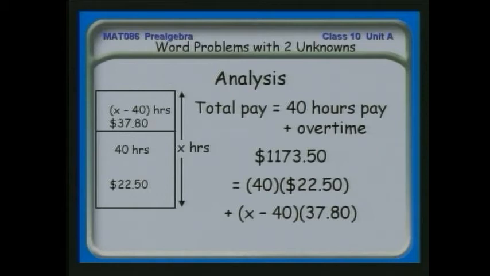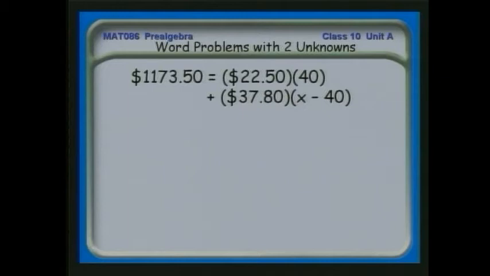It looks pretty complicated, but again, we can do this little by little. There's the equation, so now we need to simplify, multiply things together, and here you have to be careful because you see we have the 37.80 times the quantity x minus 40. And we have to remember that when you have a situation like this, you need to multiply the 37.80 by the x and by the minus 40, according to the distributive law of algebra.